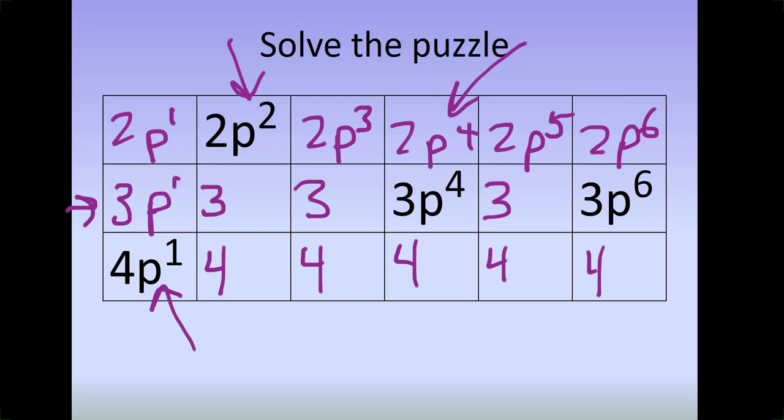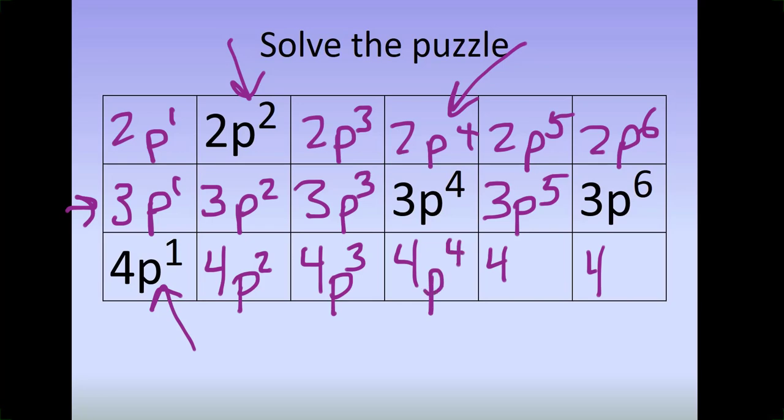So I can fill in the whole puzzle this way. This is the pattern, and this is going to help us when we're looking for patterns on the periodic table. All right, so this is filled in, and this is very similar to a pattern that we see on the periodic table.